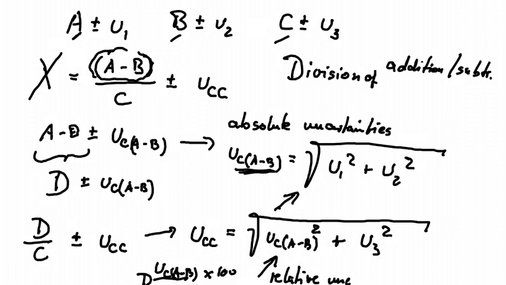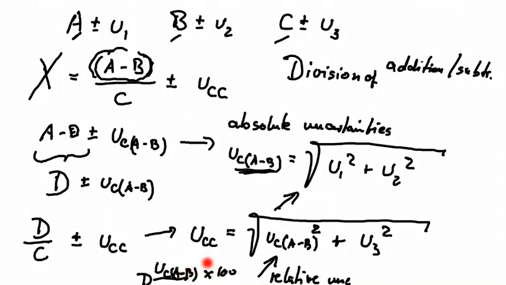So what we are doing here is, when we have these different uncertainties, we break it down. First we do the subtraction. Here we calculate the uncertainty for the subtraction with the absolute uncertainties, so this one here. Then we treat the whole thing as a division, and we have our uncertainty here, but we need to convert this one here into a relative uncertainty. That's this one here. We know how to do that.